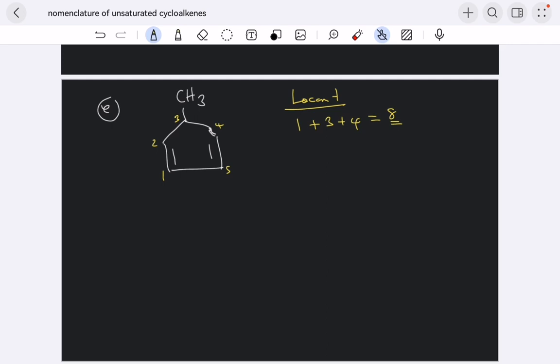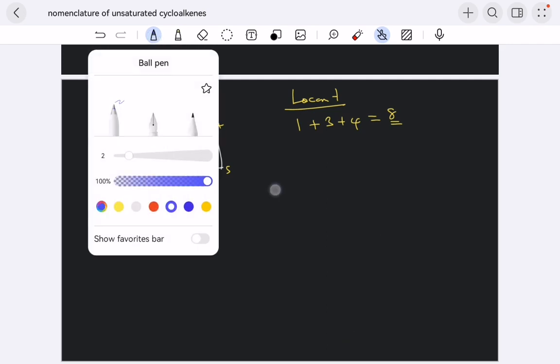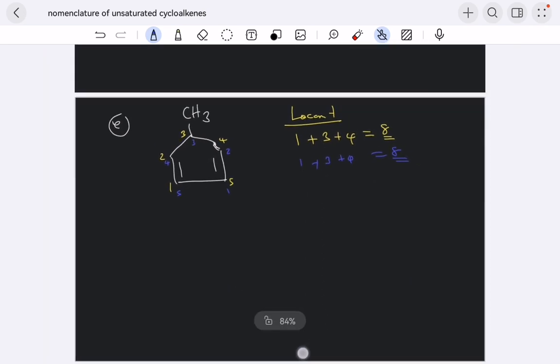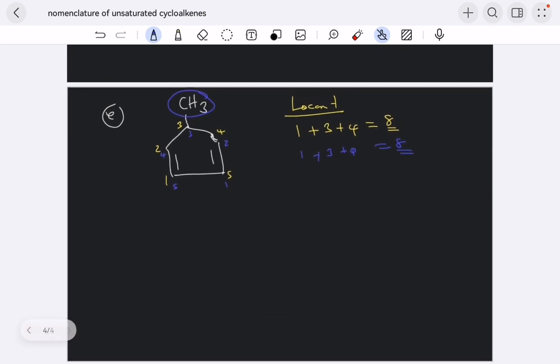If we were to do the opposite, so we start counting from here as 1, 2, 3, 4, 5, it is still the same thing. So at position 1, we have a double bond. Position 3, we have a methyl. Then position 4. So whichever direction, we still get the same answer. So we start by mentioning the position of the substituent. So this would be 3-methyl.